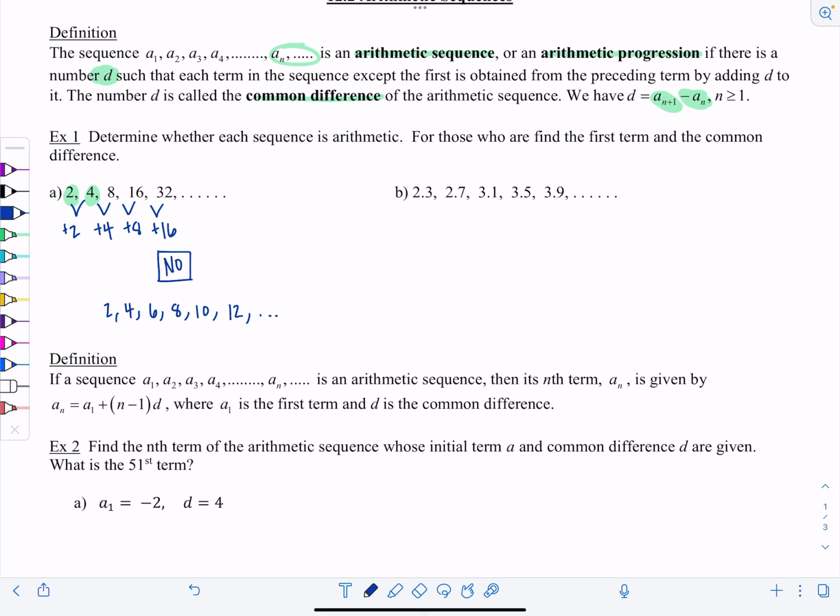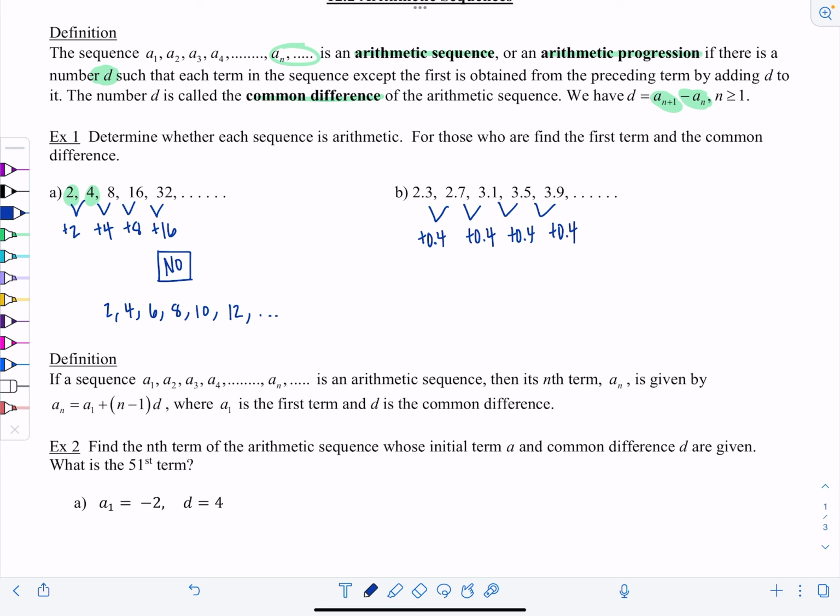All right, let's look at another example. Example B, we have 2.3 as the first term, and then 2.7 is the second term. So let's see, 2.7 minus 2.3, we added 0.4. And then from 2.7 to 3.1, yep, same thing. 3.5 to 3.9, same common difference.